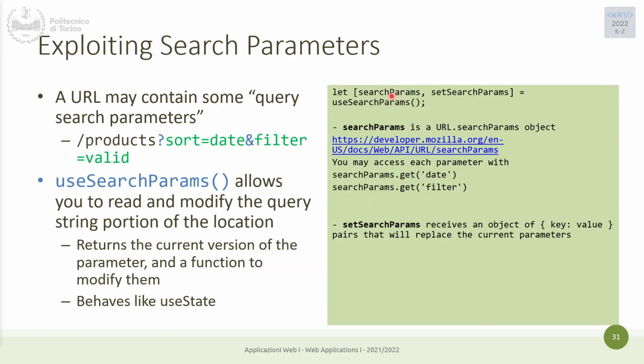You have searchParams, setSearchParams, equal useSearchParams. Then searchParams is an object, so you can access all the different parameters. And you have setSearchParams, which is a callback that you can use to update these search params if you need.